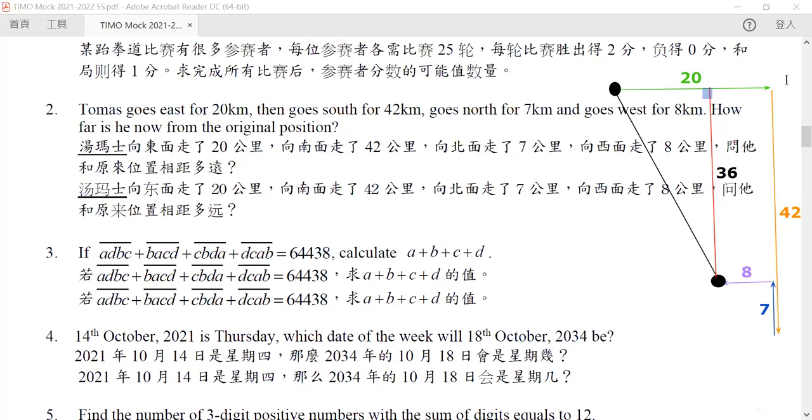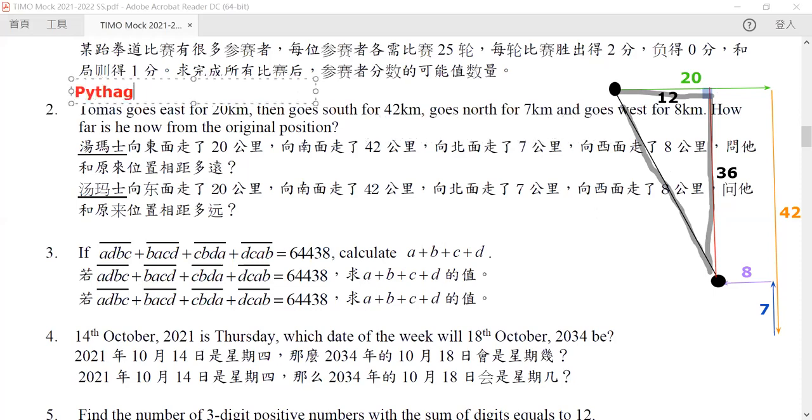And because it goes east 20 and then back west 8, in total it goes east 12. So this is a right angle triangle with a base of 12 and a height of 36. So by Pythagoras theorem, we can find out the value of this length.